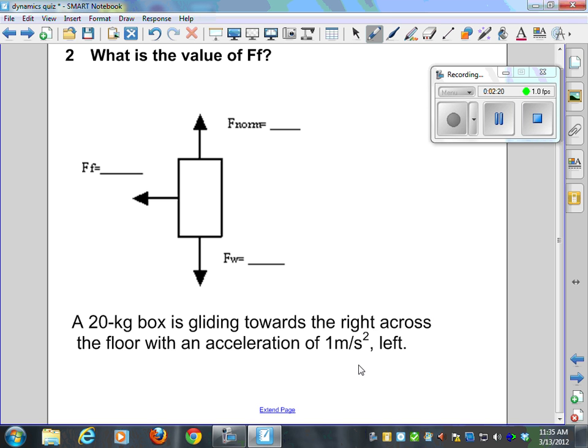This is, in fact, the net acceleration, which is equivalent to 1. F net is equal to ma. Mass times 1, 20 newtons. It's actually minus 20 because it's to the left. But it's 20 newtons. Right? There are no other forces acting on it. It's 20 newtons. Does that make sense?